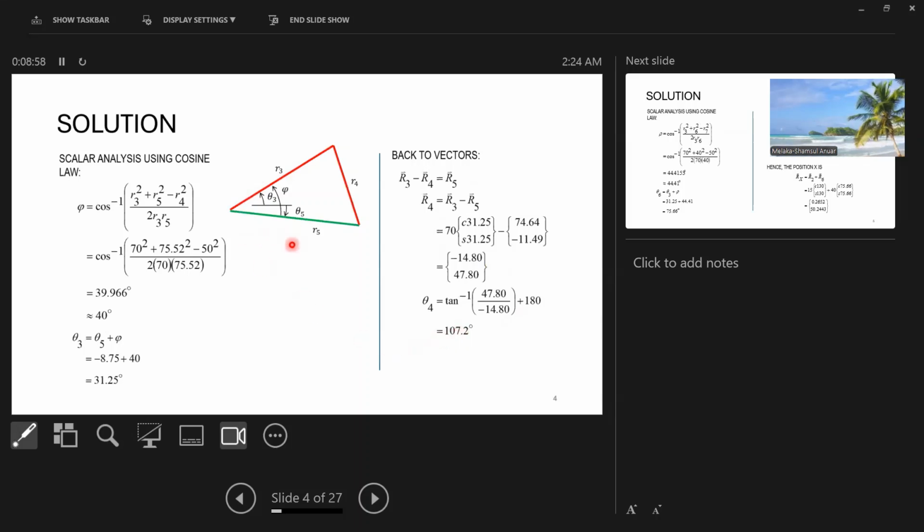Then we have to look at this triangle, between B, D, and C. Okay, B, D, C. Here we have R5, R3, and R4.